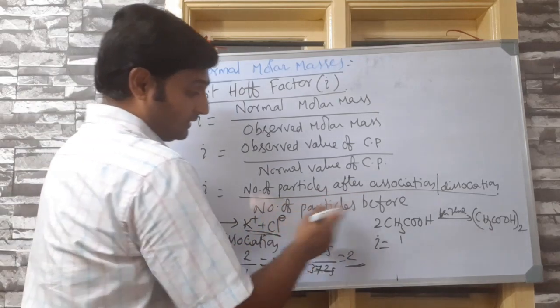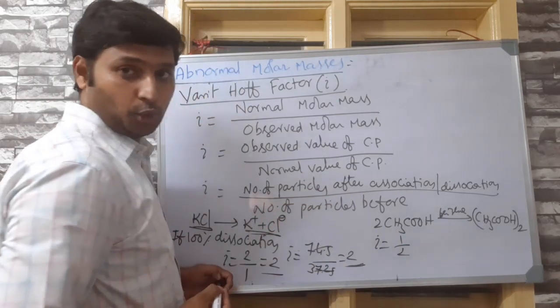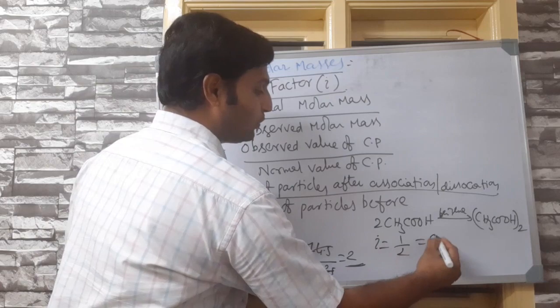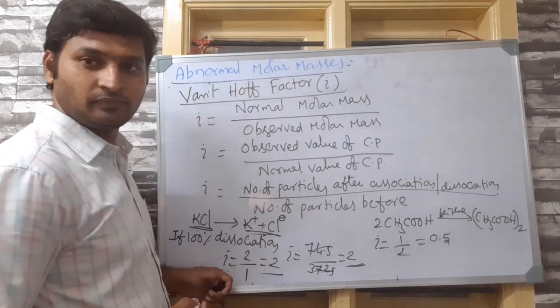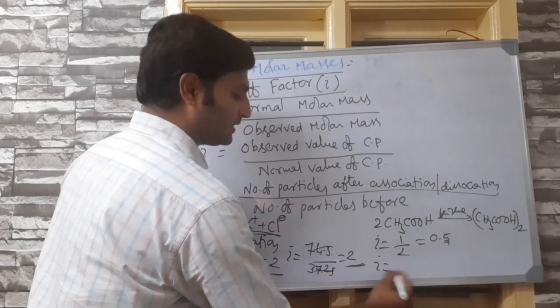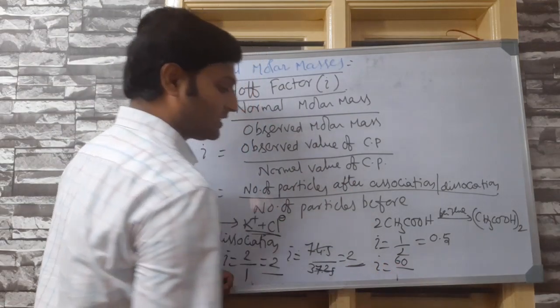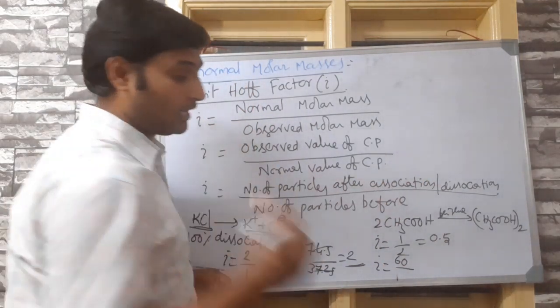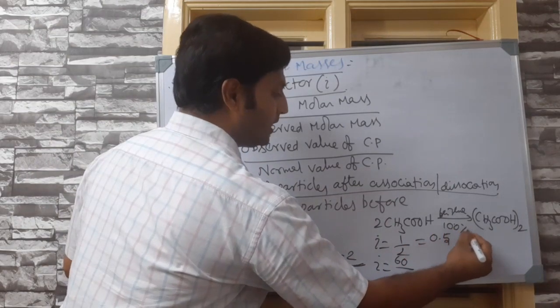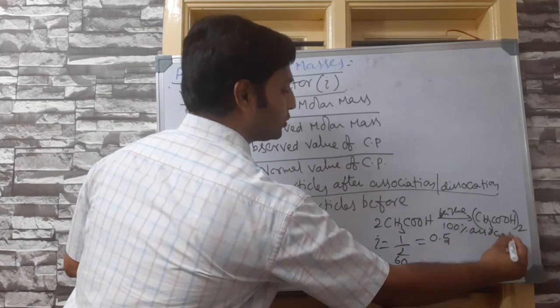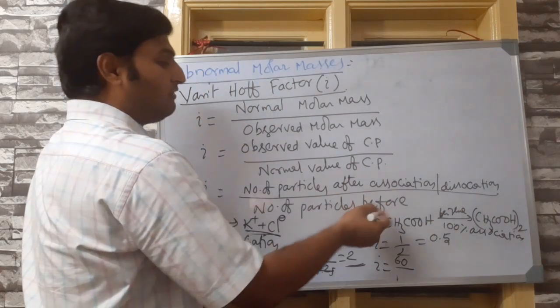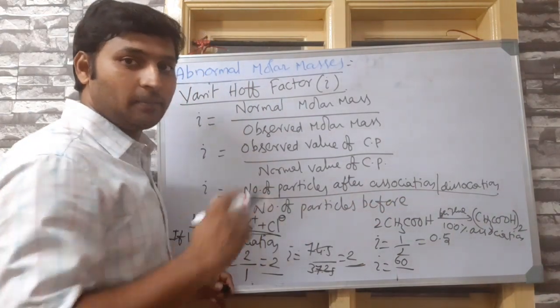Before association, the number of particles would have been 2. As a result, the i value will be 0.5. Or in terms of molar masses, the normal molar mass of acetic acid would have been 60.